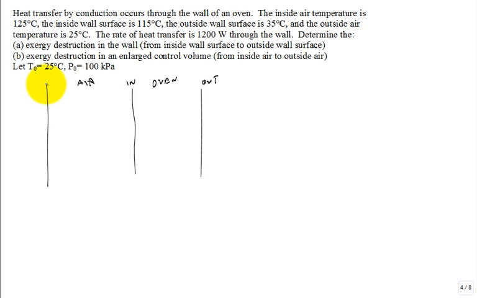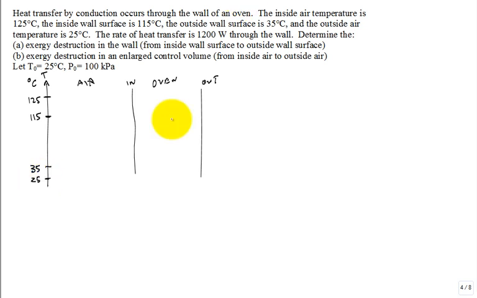So let's put a temperature scale over here, temperature, put degrees C and put 125 there. The inside wall surface temperature is 115 degrees C. The outside wall surface temperature is 35 degrees C. Outside air temperature is 25 degrees C.